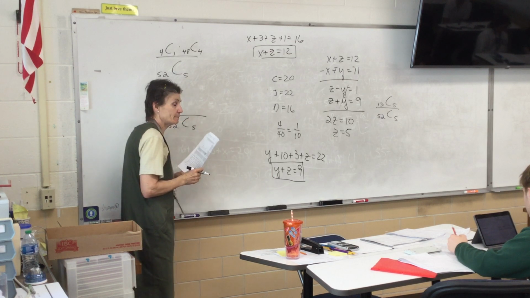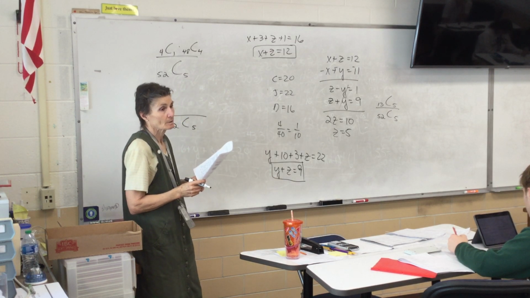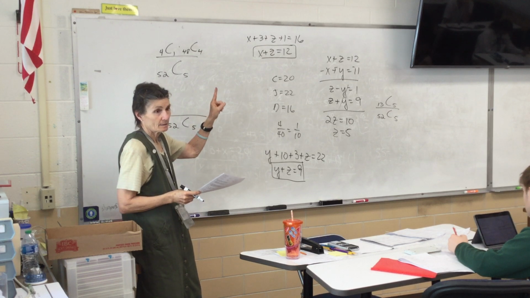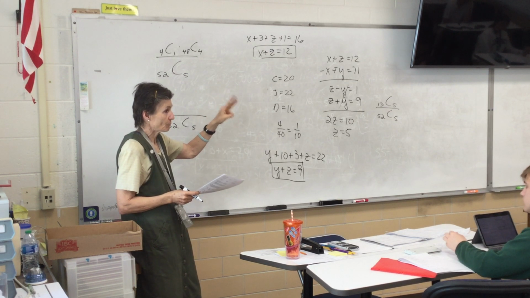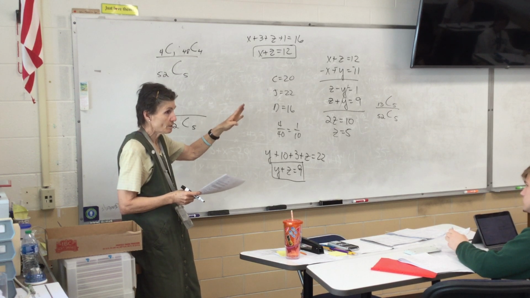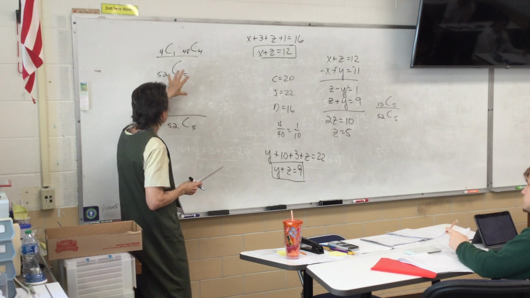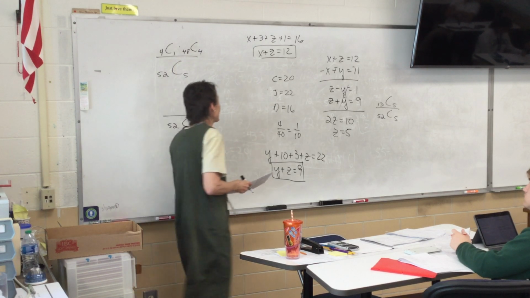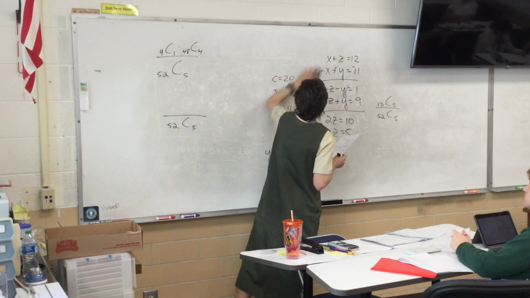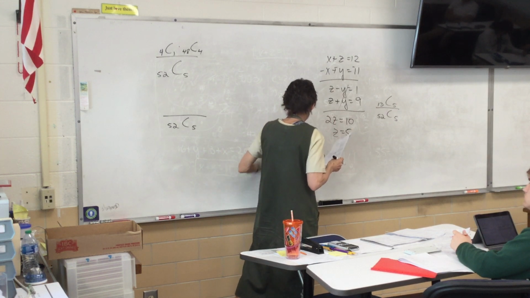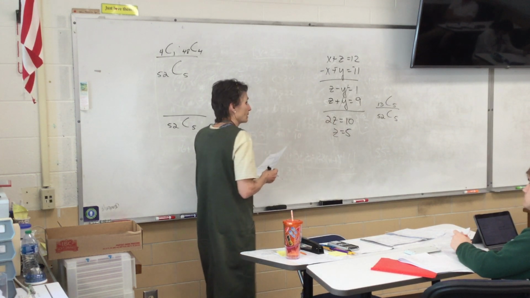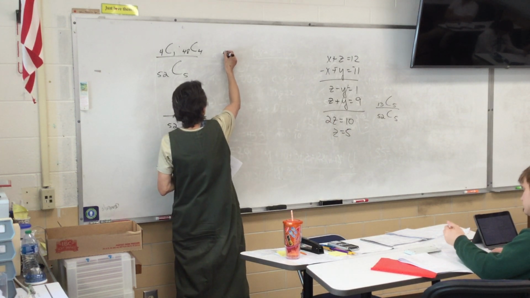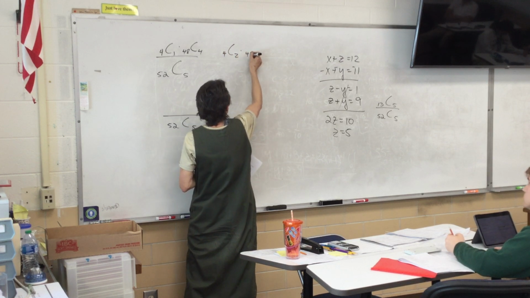Well, what does that mean? You could get 1 or 2 or 3 or 4. So could we, this is one right here. Could we set up 2 aces? 2 aces would look like 4C2, 48C3.